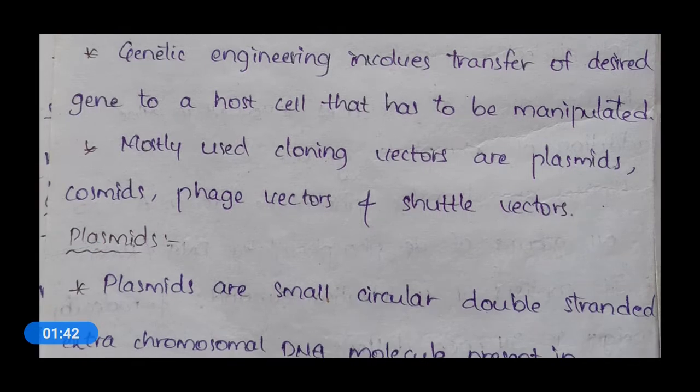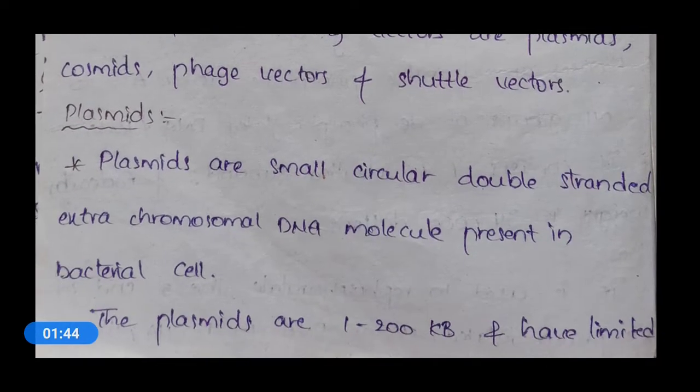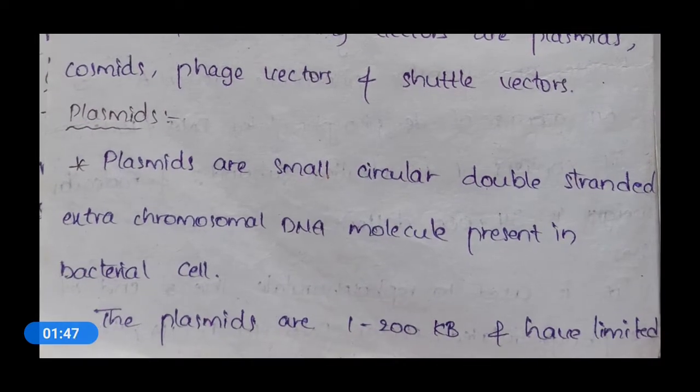So here, plasmids are small circular double stranded extrachromosomal DNA molecules present in bacterial cells, and we isolate these plasmids for our purpose.